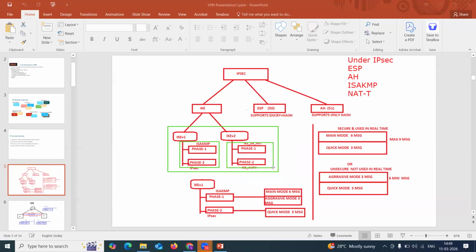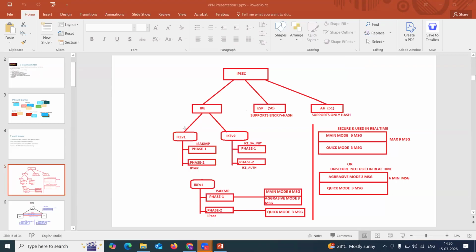Up to this common part you have to remember, and also their names. IKE v1 phase 1 name is ISAKMP. IKE v1 phase 2 name is IPsec. IKE v2 phase 1 name is IKE SA init. IKE v2 phase 2 name is IKE auth. Simple. This much we have to remember initially.